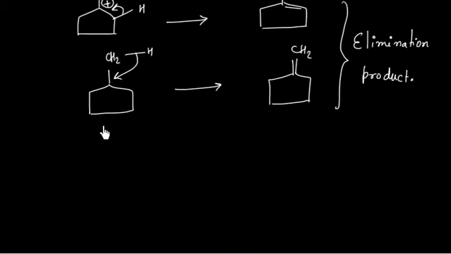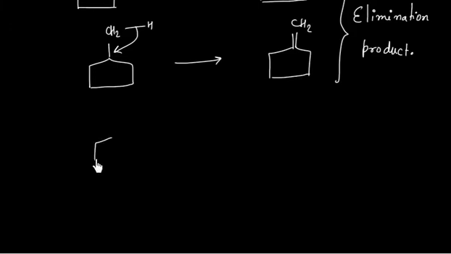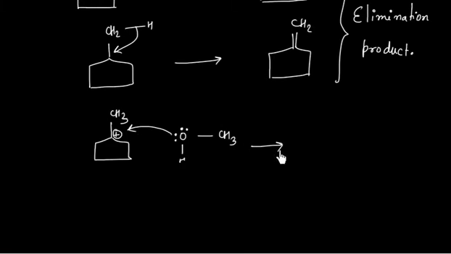This carbocation can also be attacked by solvent. Solvent can act as a nucleophile. So if this attacks here, we will have CH3 this side and OCH3.